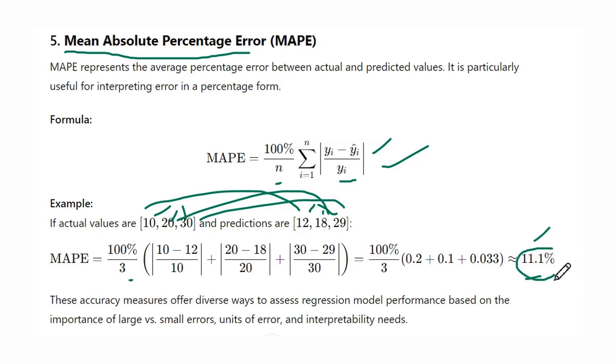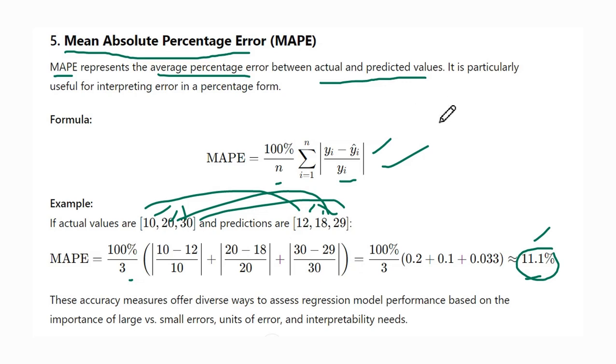If the percentage is low, that means the model may be a good model. If the percentage is more, then the model is not a good model. So what does mean absolute percentage error represent? The average percentage error between actual values and predicted values. That is called the mean absolute percentage error.